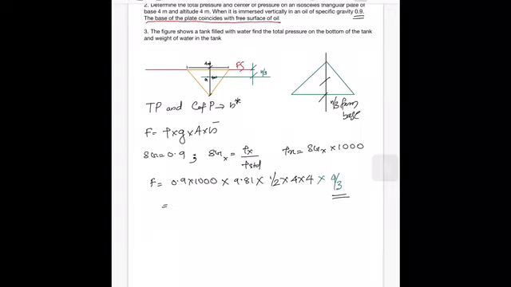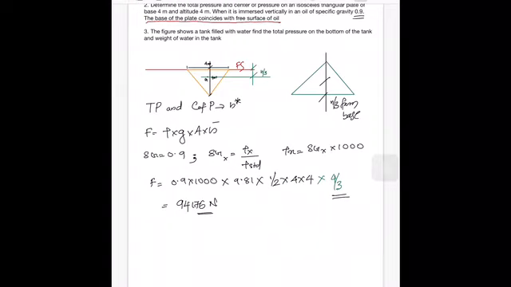It will be 94.176 newtons. This will be total pressure.